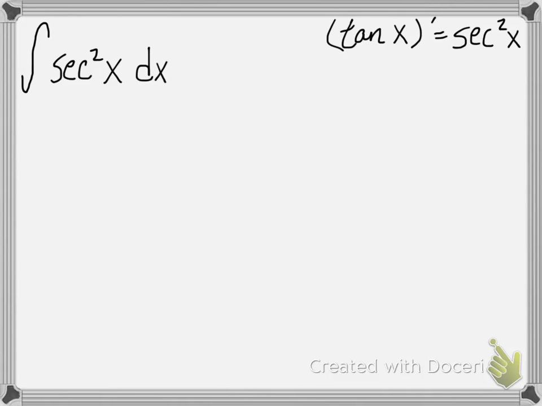Then likewise we have secant squared x dx, and from the chart, the derivative of tangent equals secant squared x. So that's going to be tan x plus some constant.